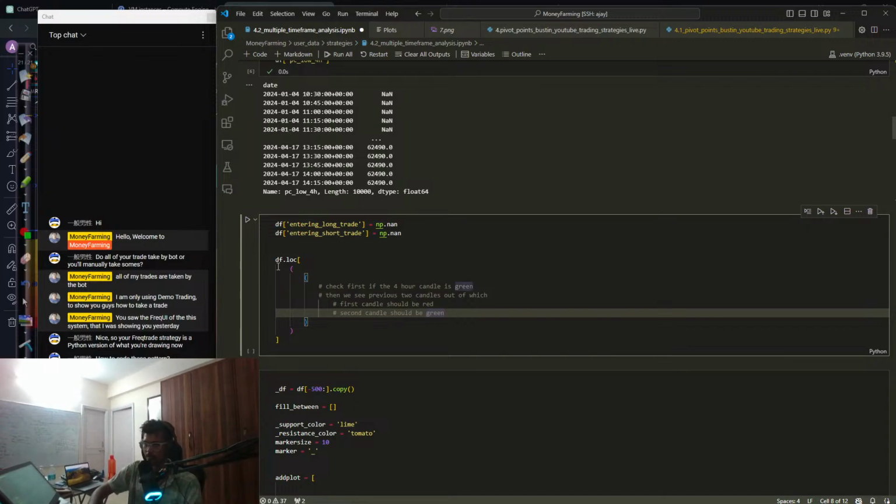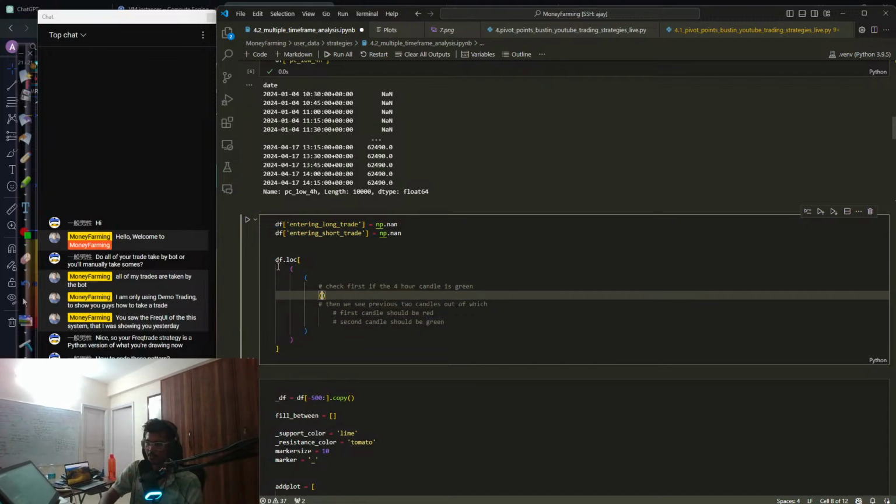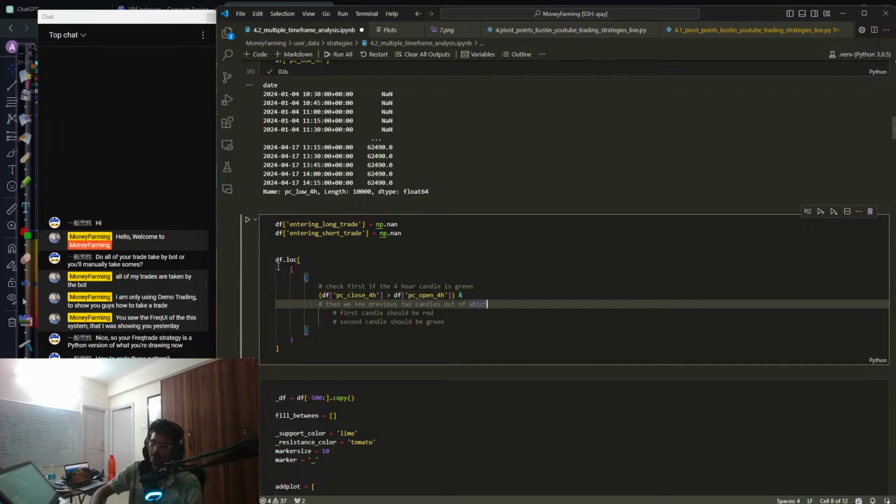So let's do this. Check if the 4-hour candle is green. How do we check it? Previous candle close 4-hour is greater than previous candle open 4-hour. So we got the first condition right.